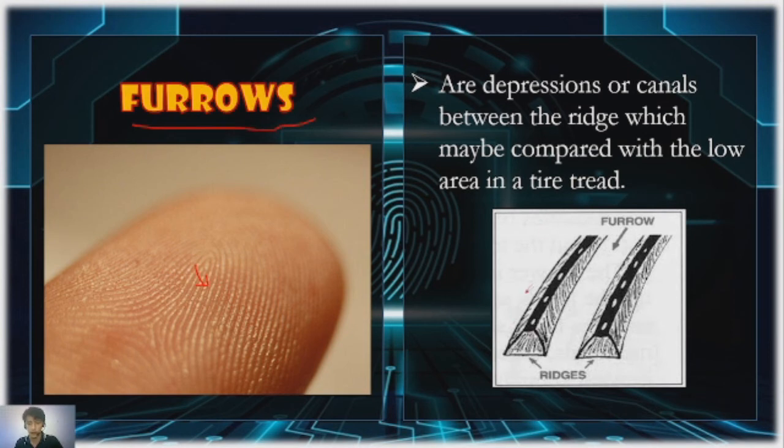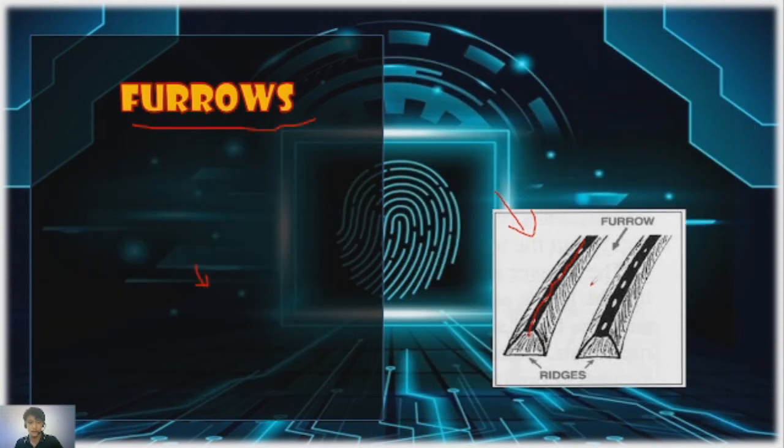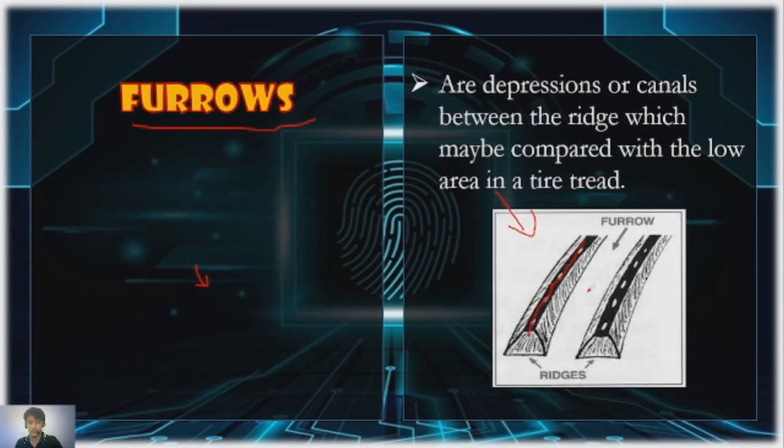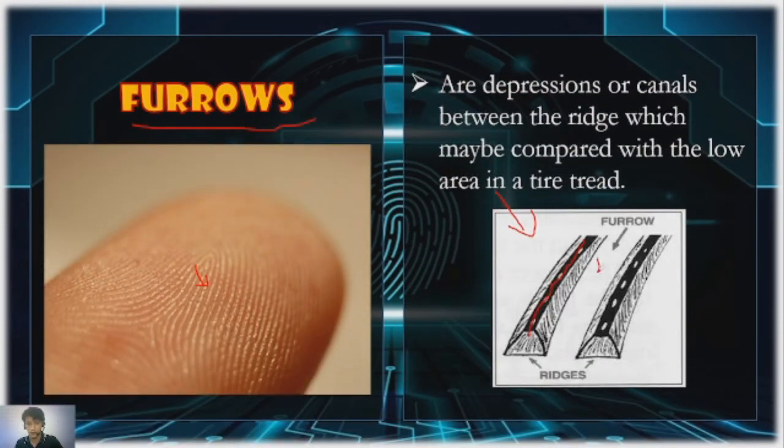If we have an illustration, especially a fingerprint as an impression, the dark ones formed in a fingerprint impression are usually formed by the friction ridges, and then the white ones are formed by the furrows.